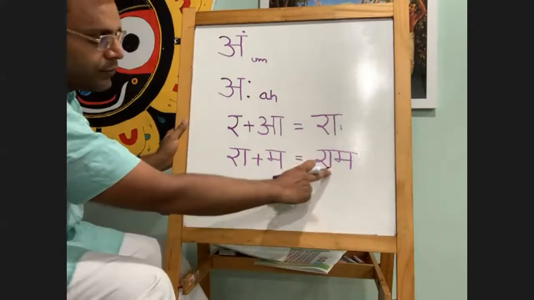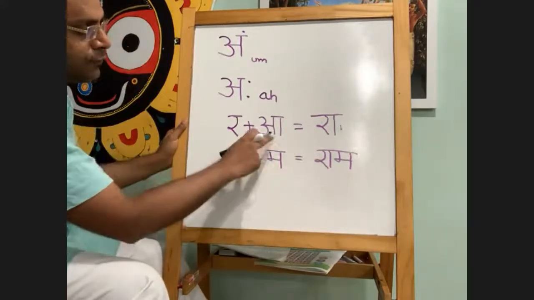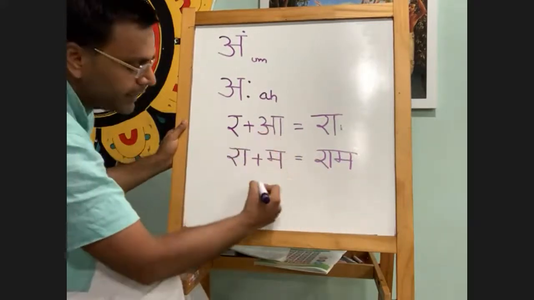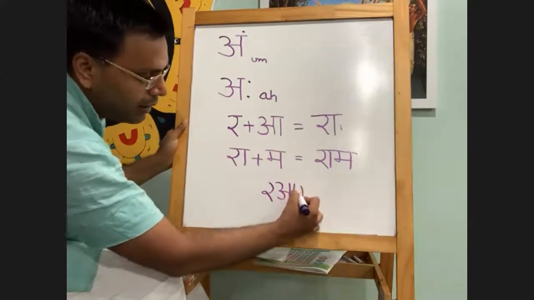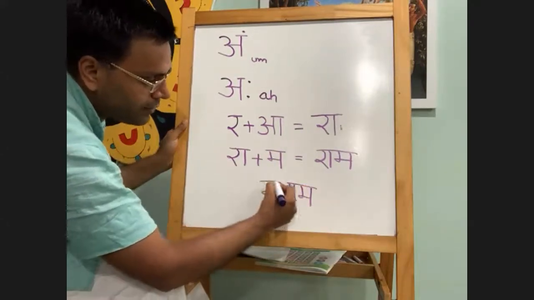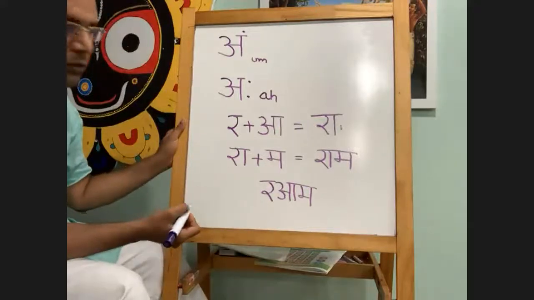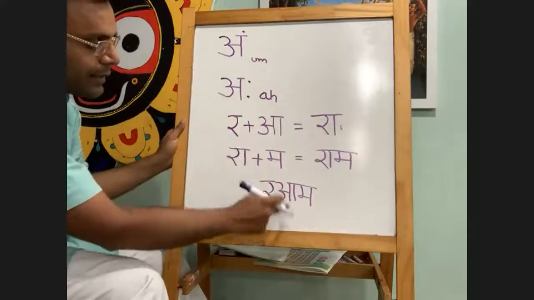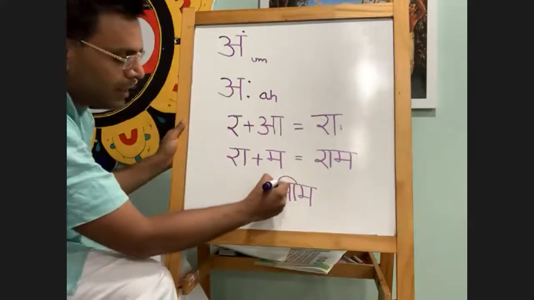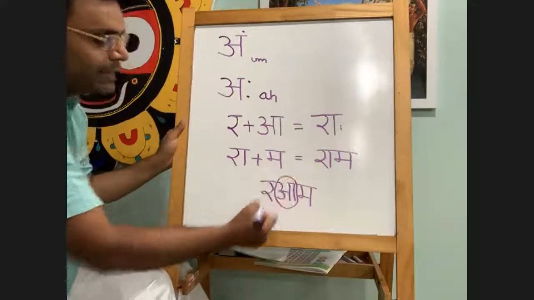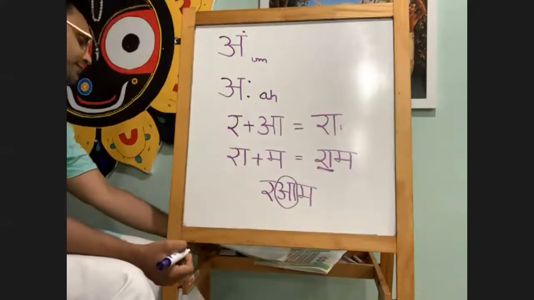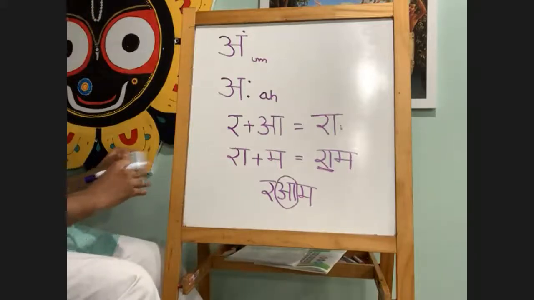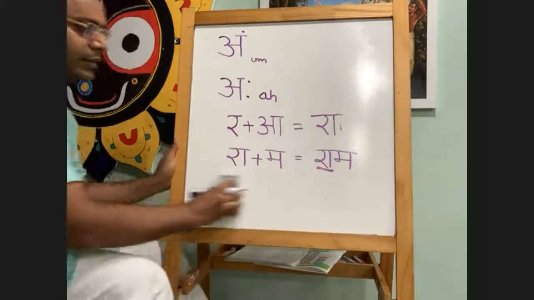Okay, so here we are using the matra for A. We are not writing it as Ra and then A and then Ma. We are not writing it like that. It's not just a combination of all the letters. So these vowels are represented by their matra.